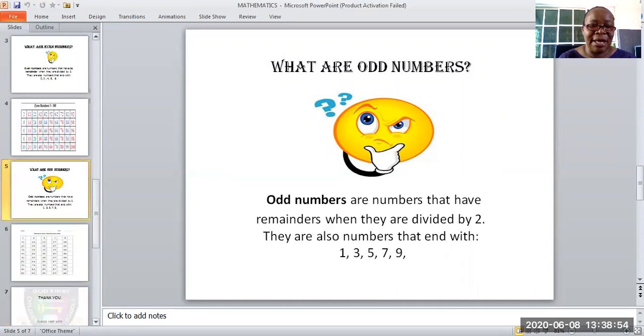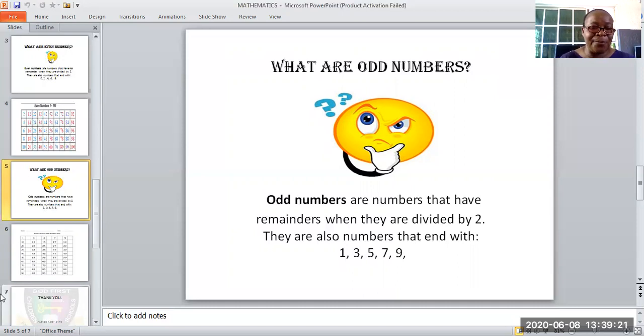Odd numbers are numbers that, when divided by 2, have a remainder. They have leftovers. When you divide any number of your choice by 2 and it has a remainder, you are talking about odd numbers. They also end with 1, 3, 5, 7, and 9.